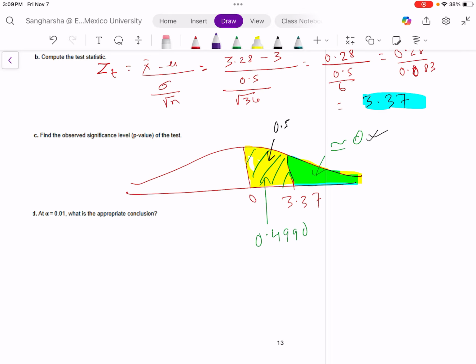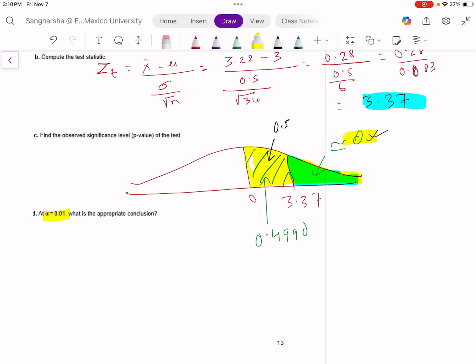At alpha equals 0.01, what is the appropriate conclusion? Now our p-value is almost 0, and our alpha is 0.01, so our alpha is greater than the p-value.